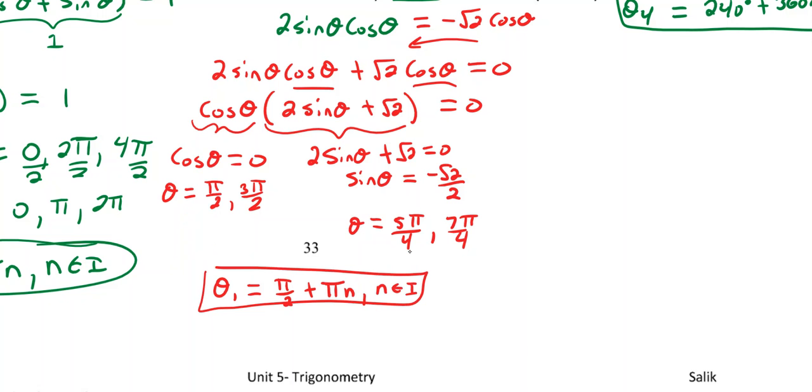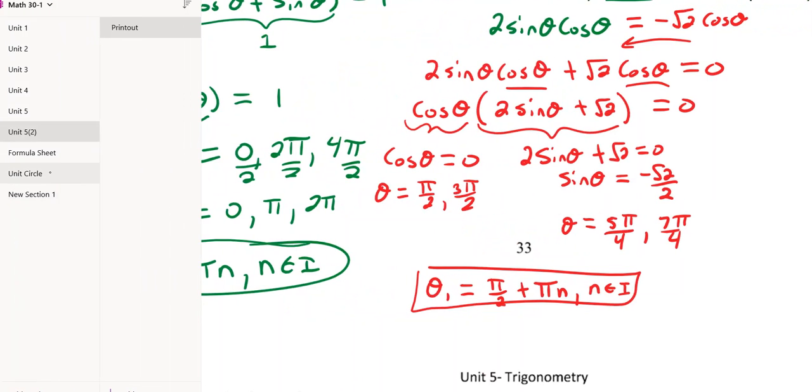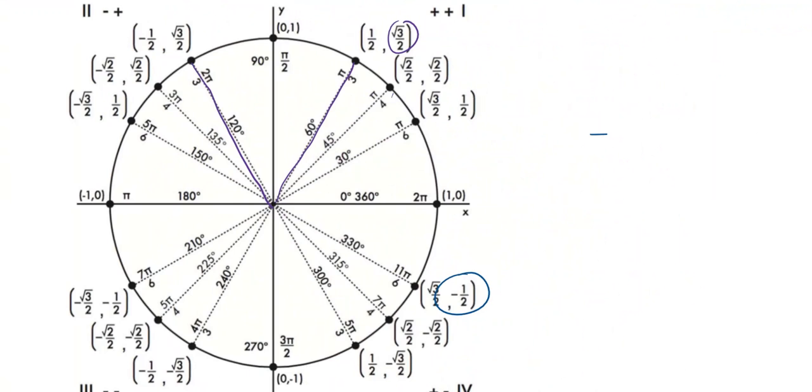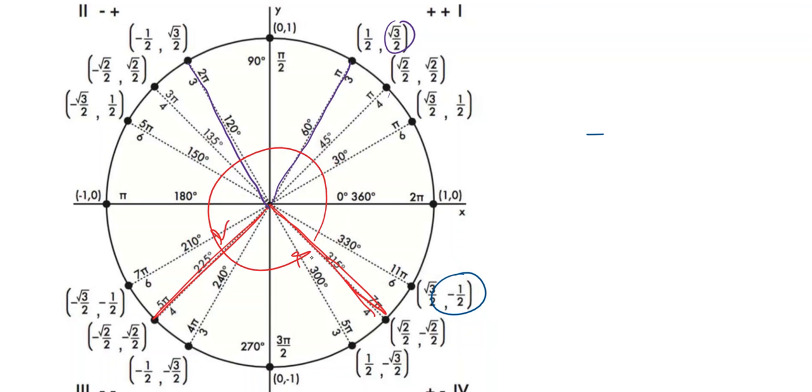Now for the second one, 5 pi over 4 and 7 pi over 4. All right, 5 pi over 4 down there, and 7 pi over 4 is down there. There's not a great way to combine those two, so I have to handle them individually. So I'm going to go 5 pi over 4 and then go 360 around to that one again. And then this one, 360 to get to that one. So they have to be done on their own.